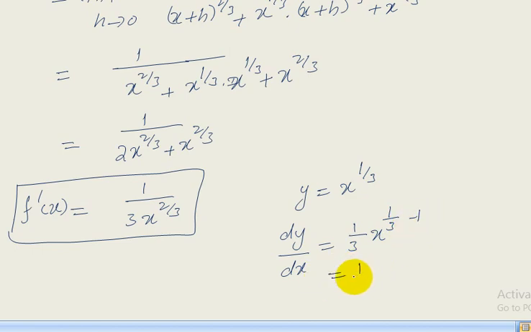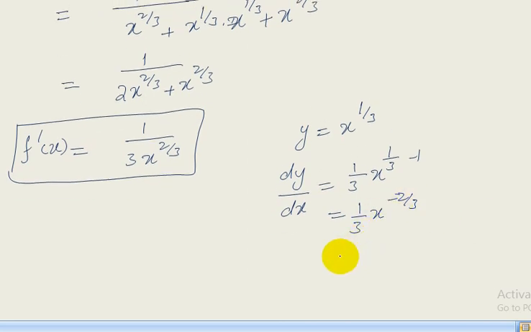So it becomes 1 upon 3 x raised power minus 2 upon 3, and it can also be written as 1 upon 3 x raised power 2 upon 3. So both our results are the same.